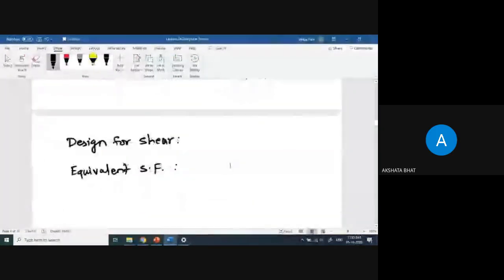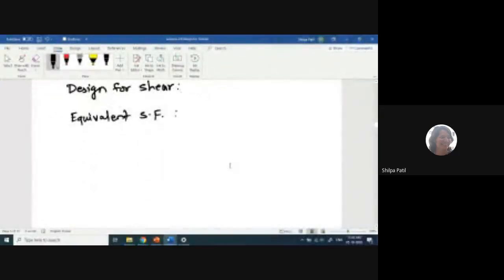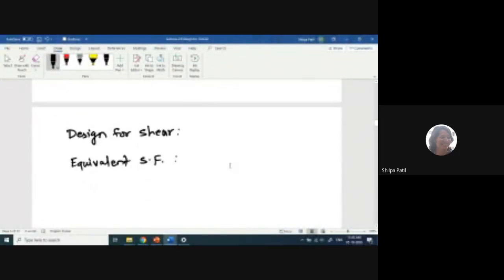Okay, ma'am. If you wish, we can do that check here immediately, but that adjustment we need to do once we finish the design for shear also, because we have to find out what is x1, y1, and accordingly we have to make adjustments over there also. So let us complete that step as per your wish.